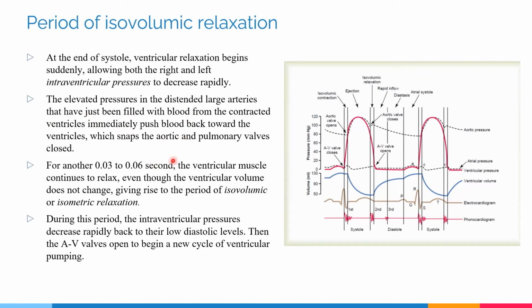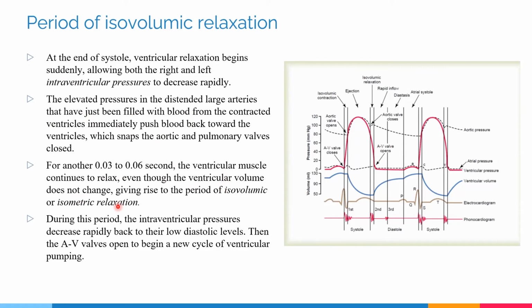But this backflow allows the aortic and the pulmonary valves to snap close and prevent blood from flowing back. For another 0.03 to 0.06 seconds, the ventricular muscles continue to relax, even though ventricular volume does not change.